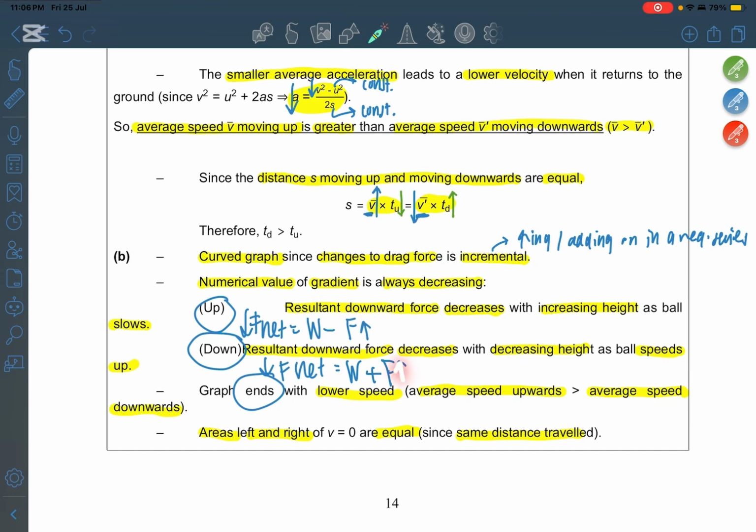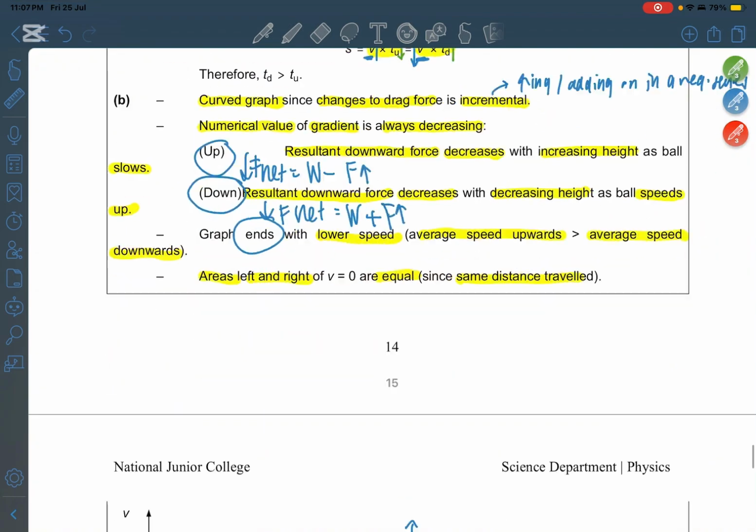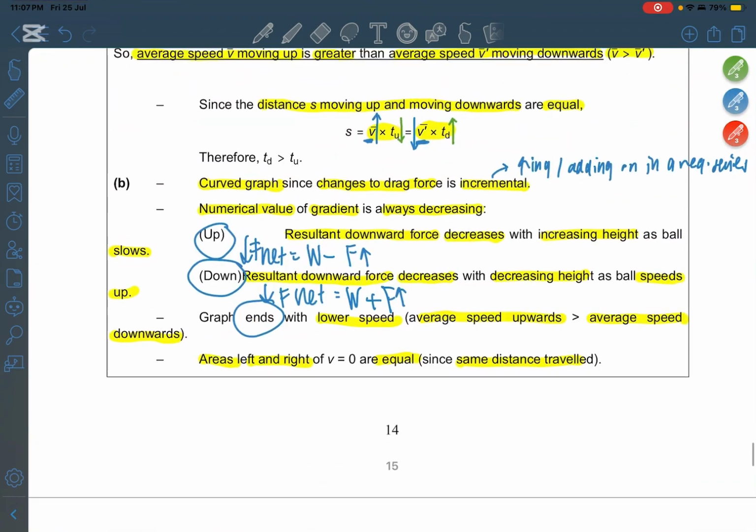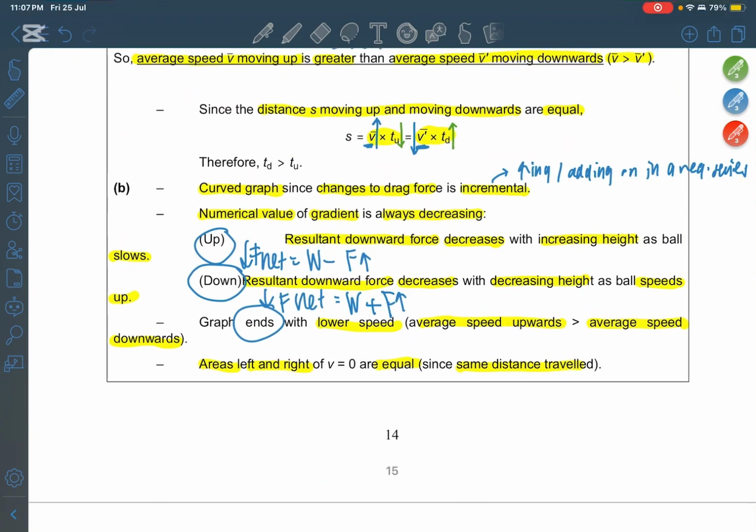But basically when it increases, it's going to be decreasing until it reaches the point where weight is equal to F. And so this is when the ball speeds up and reaches some terminal velocity somewhere. Because as it speeds up, it's going to... Wait, what? Okay, let me get back.